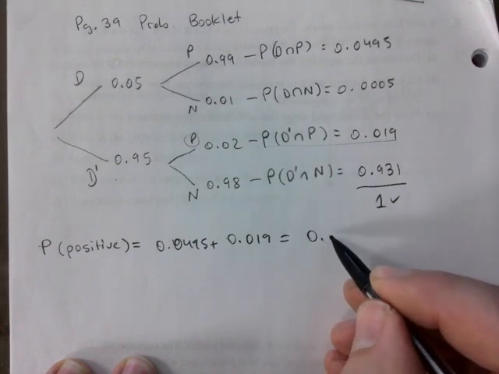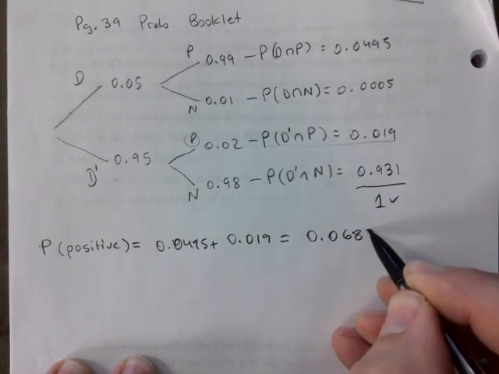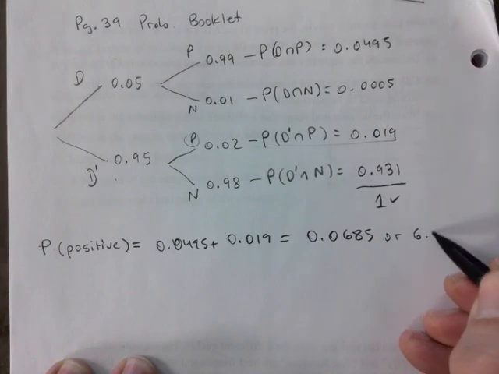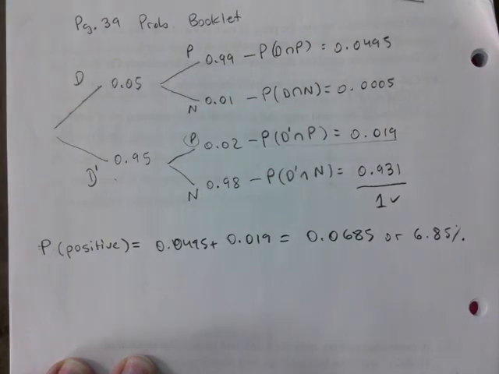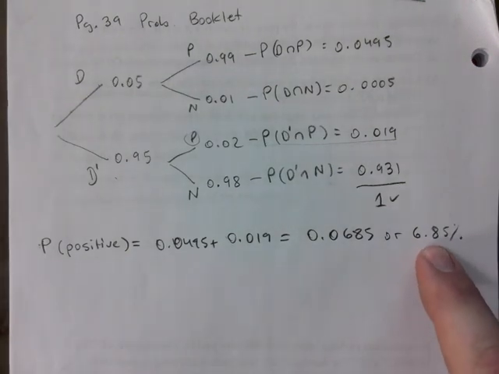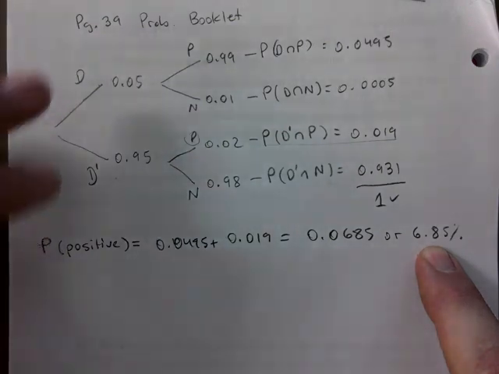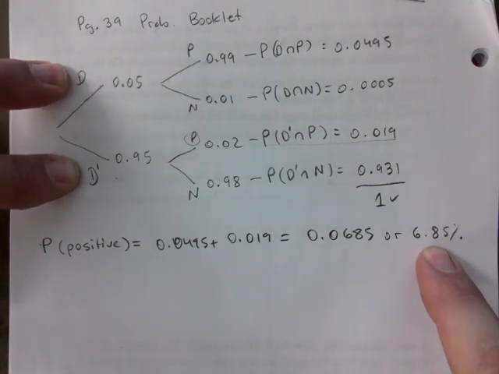And that gives you 0.0685 or 6.85%. So randomly, if you just randomly test all of the people, there's a 6.85% chance of actually testing positive among users and non-users.